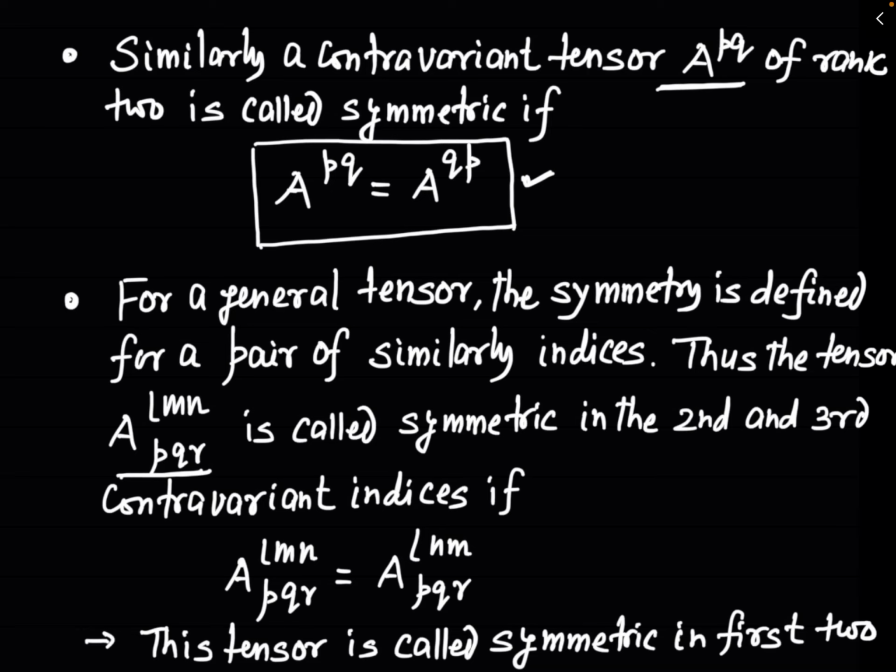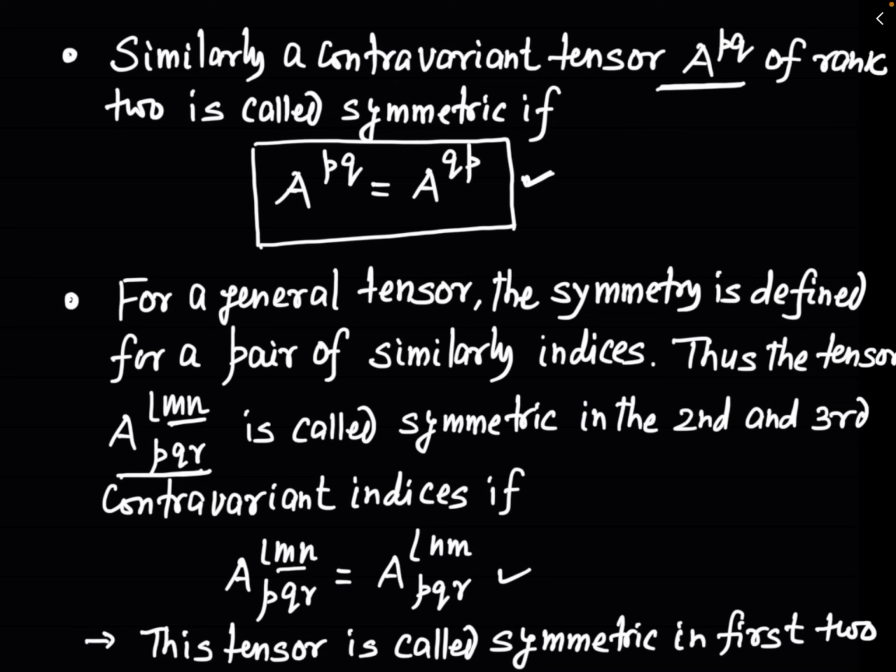You cannot select. So for this tensor, let us consider the two indices M and N. It means the second and third contravariant indices we consider. So this tensor A, L, M, N, P, Q, R will be called a symmetric tensor with respect to the second and third contravariant indices M and N only when this condition is satisfied.